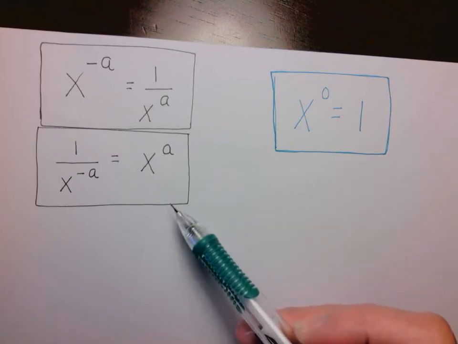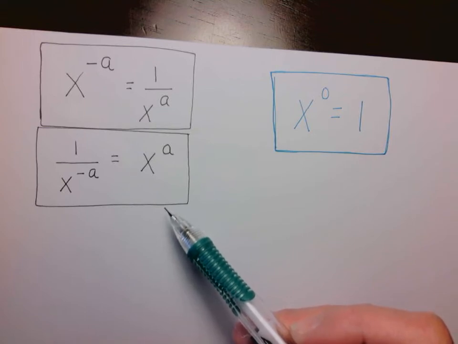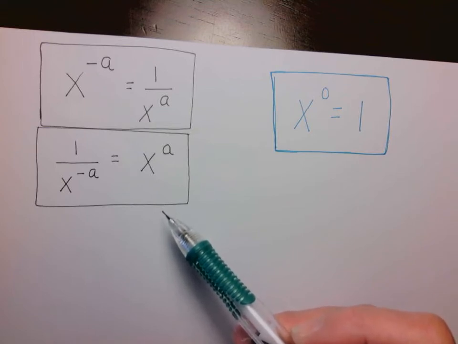Okay, and next, anything raised to a negative exponent tells us that the base is on the wrong side of the fraction line. Pause the video and write this down. Whenever you have a negative exponent, it means that the base is on the wrong side of the fraction line.